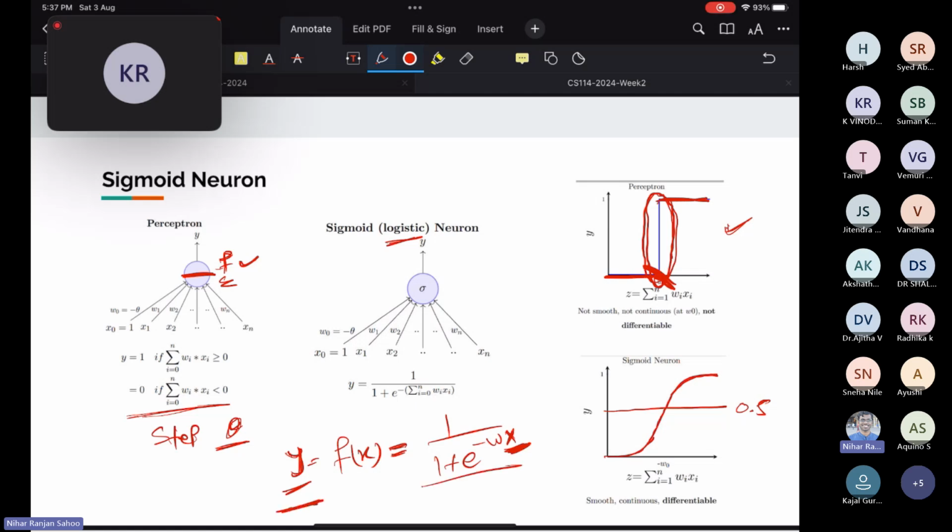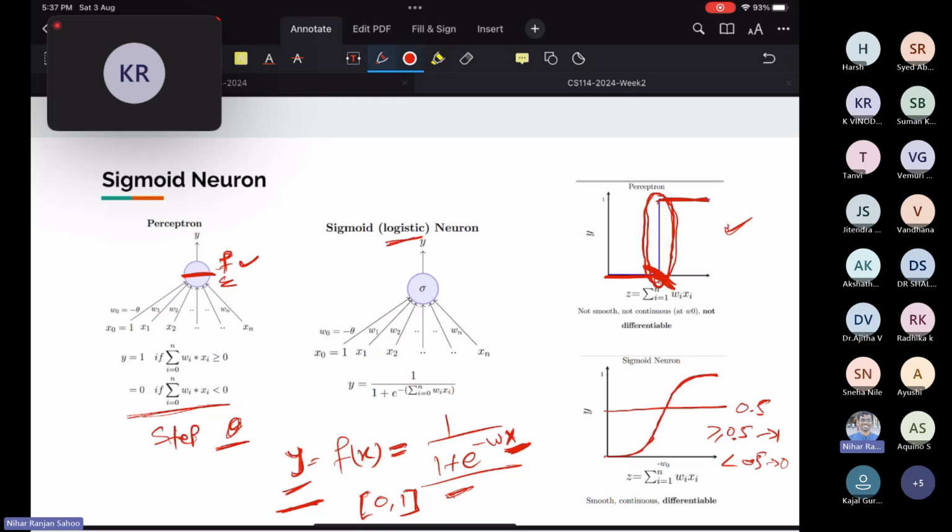The range of y is between 0 and 1, both inclusive. If y is greater than or equal to 0.5, we say class 1, and less than 0.5 is class 0.